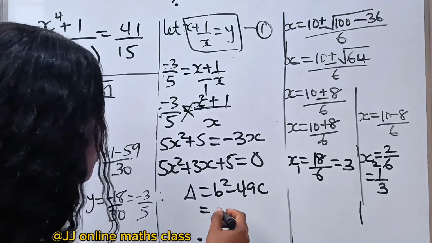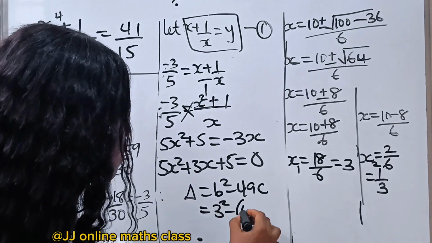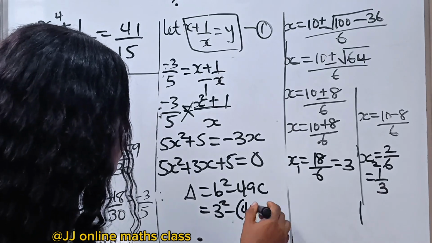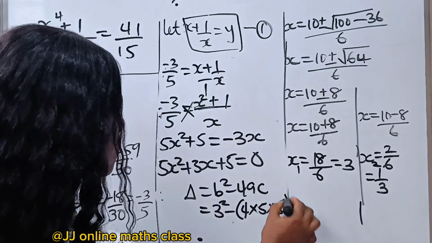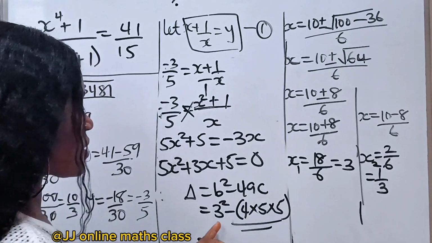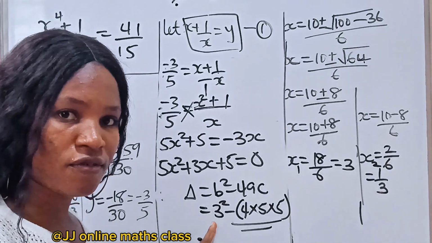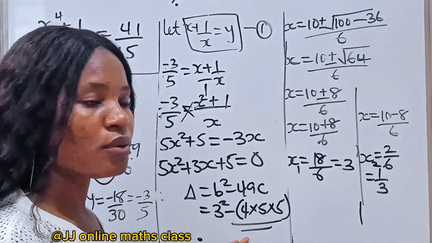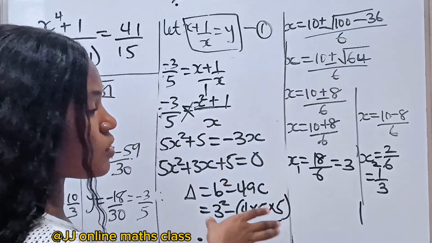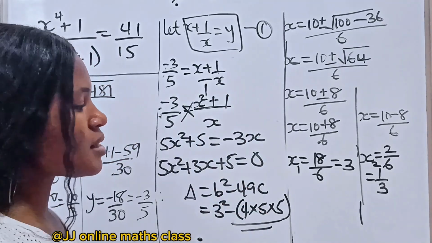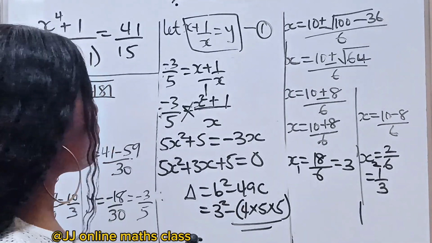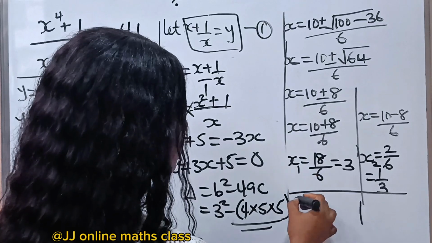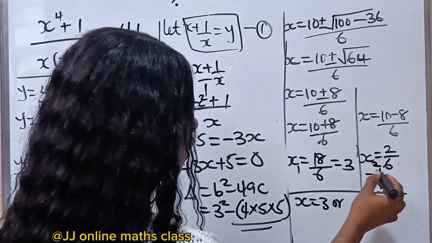Now our b is 3, so we have 3 squared minus 4 times our a is 5 and our c is 5 as well. Now if you look at this, notice that if we solve this, we are going to get a negative value for the discriminant, and once you get a negative value, that means this does not have any real roots, and that simply means that the real values of this particular x we are looking for are x is equal to 3 or x is equal to 1/3.